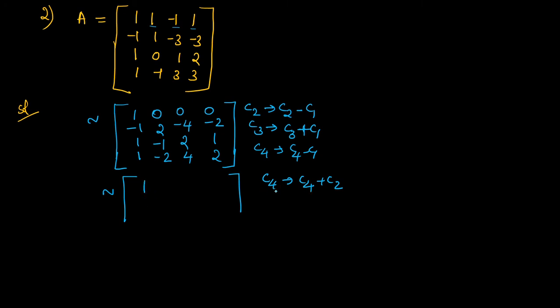On performing this column operation, the matrix will become the fourth column will be zeros.